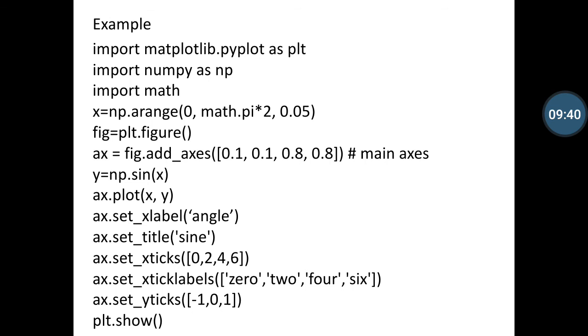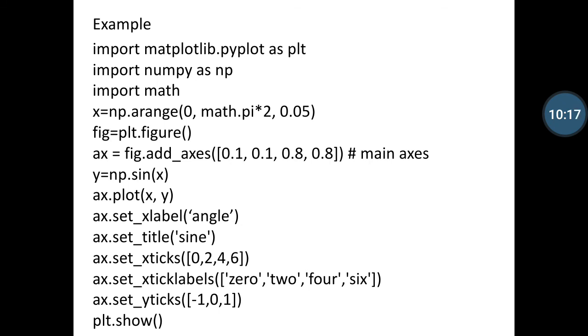In this example I am importing three libraries: matplotlib, numpy and math. Here math is used for the calculation of the pi value that is used in the x np array. So first of all, the x variable is defined as np.arange(0, math.pi*2, 0.05), and then fig is created with plt.figure to create the figure.